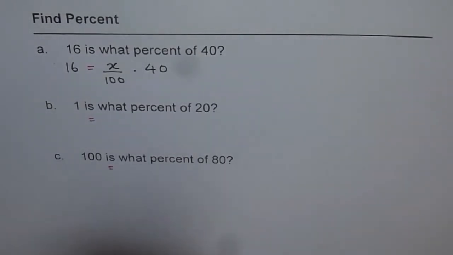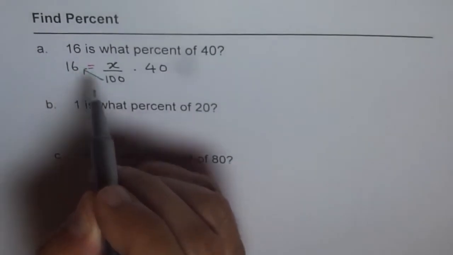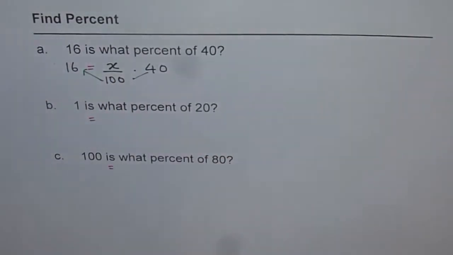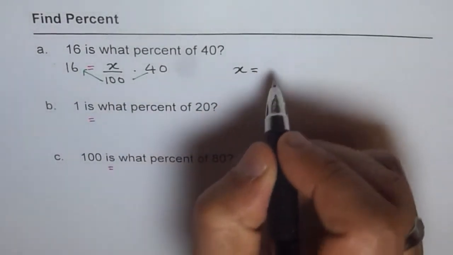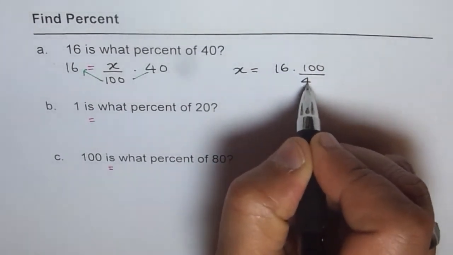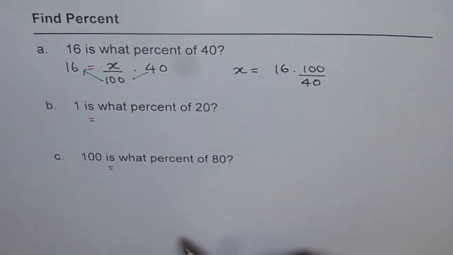So x is equals to 16 times 100 divided by 40. And you can use your calculator and find your answer, correct?